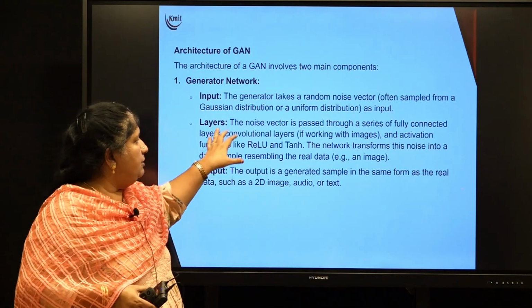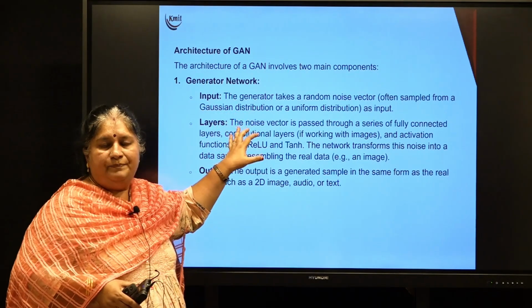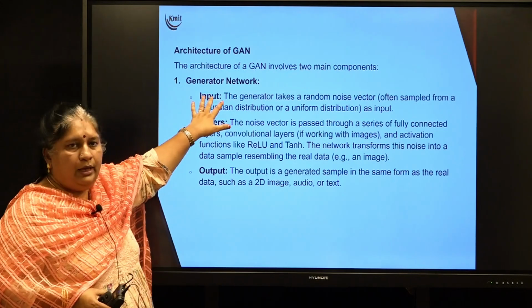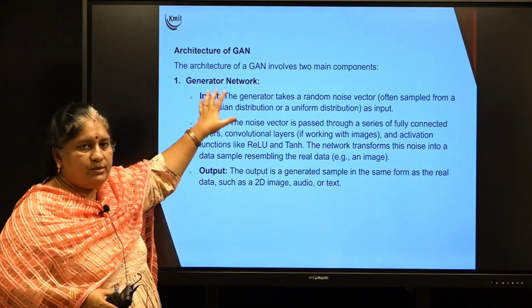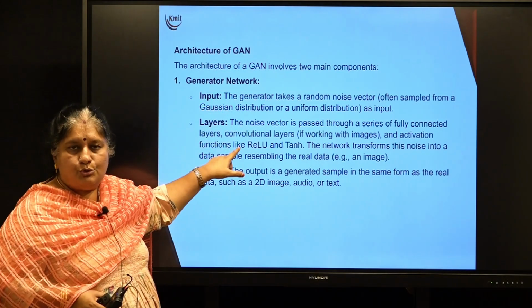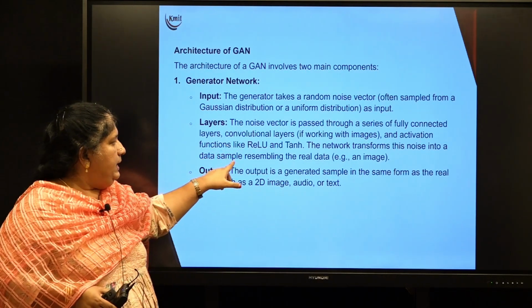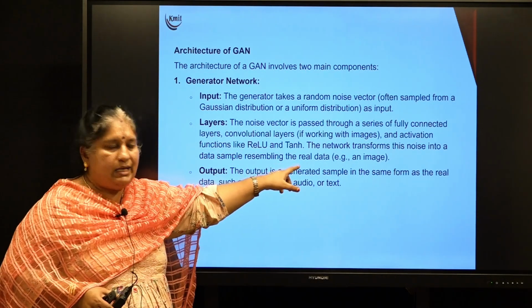So the generator always strives to create realistic images. It took a random noise vector, subjected it to so many layers, and the output from these layers will be a sample which resembles the real data.